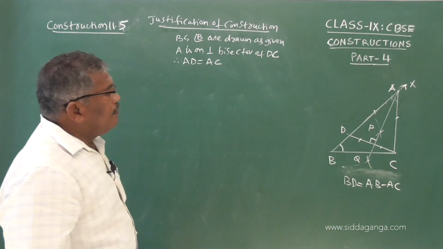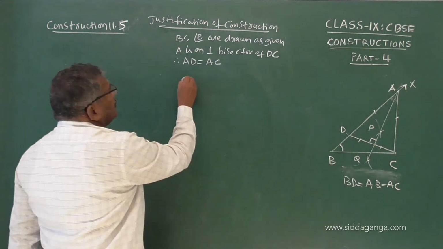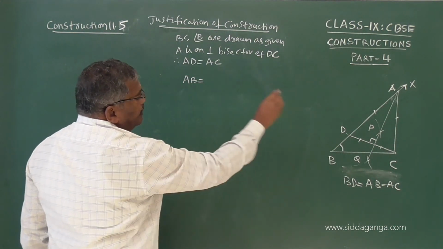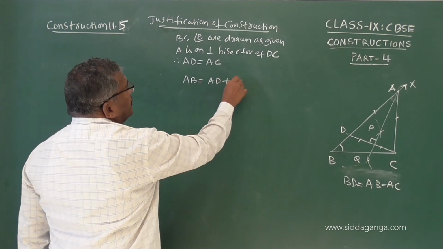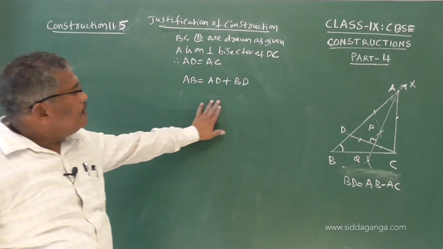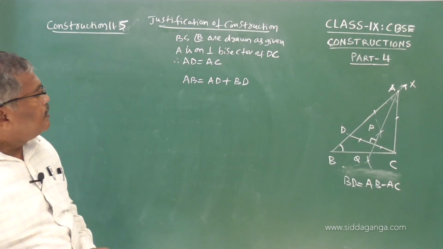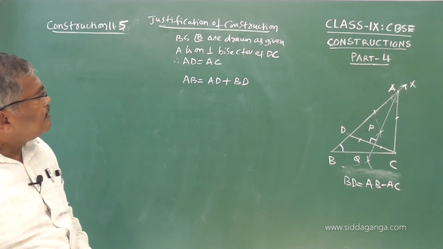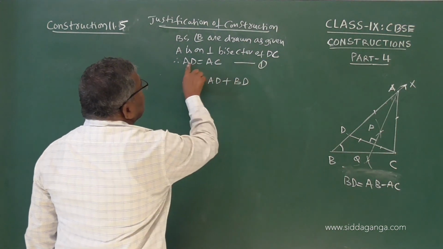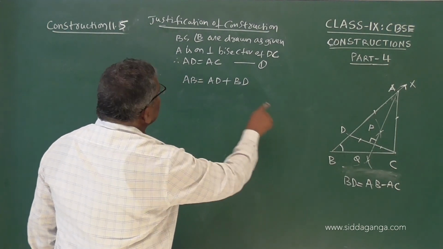Now from the figure you can see AB equals AD plus BD.